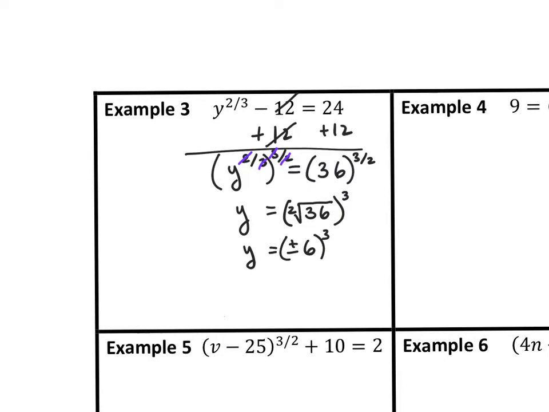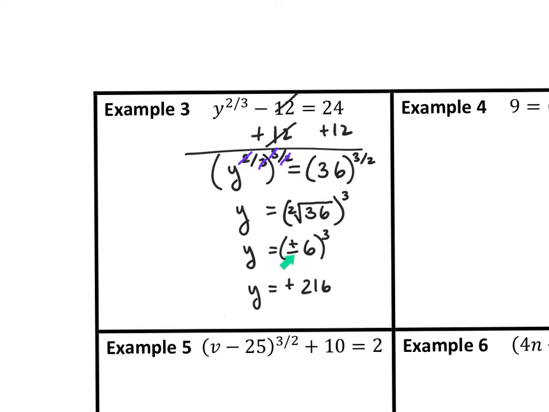And so we're actually going to get two answers here. We're going to get a positive one and a negative one, because we got to see what's going to happen when I raise positive 6 to the power of 3 and then negative 6 to the power of 3. So what is 6 times 6 times 6? Correct, that's going to be positive 216.